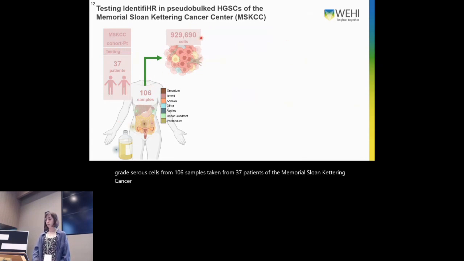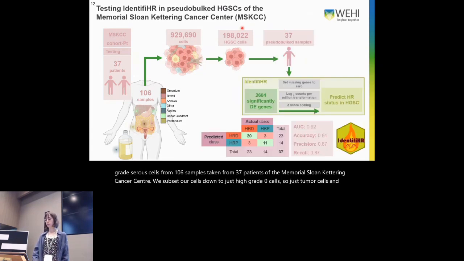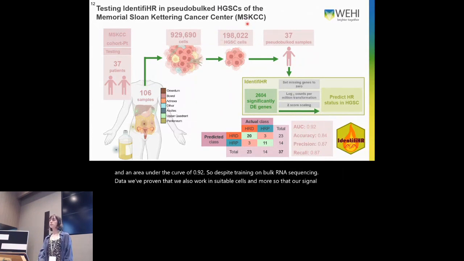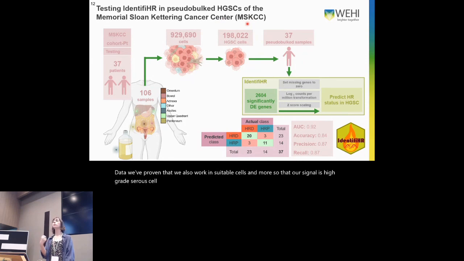We subset our cells down to just high-grade serous cells, so just tumor cells, and pseudobulked at the patient level, and we're pleased to see that we had an accuracy of 84% and an area under the curve of 0.92. So despite training on bulk RNA sequencing data, we've proven that we also work in pseudobulked cells, and more so that our signal is high-grade serous cell tumor specific because we've removed the microenvironment in filtering other cells.